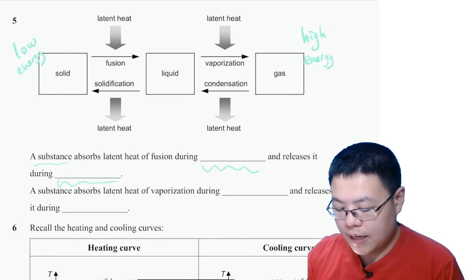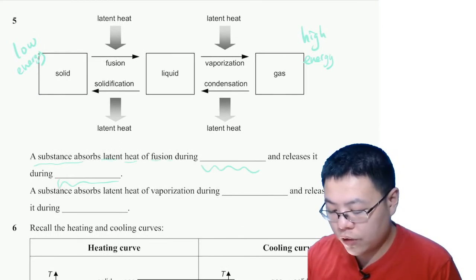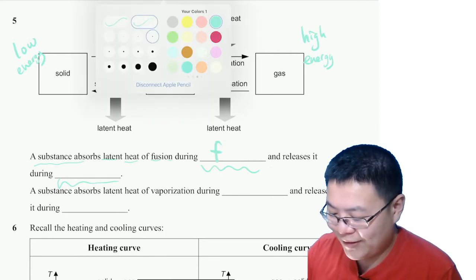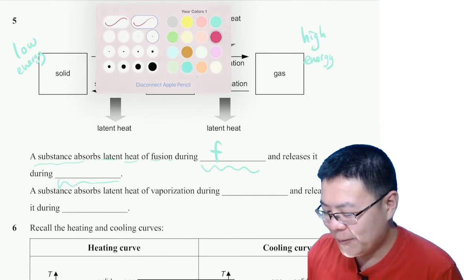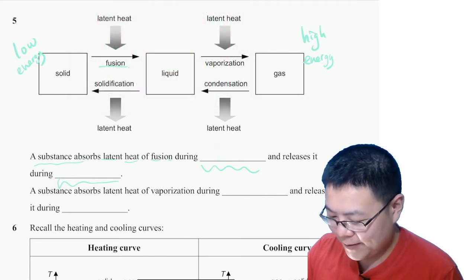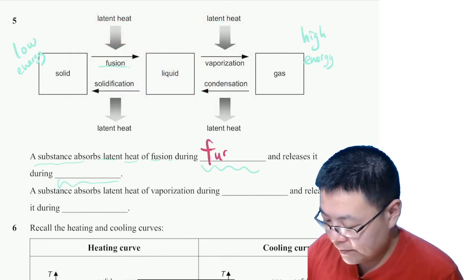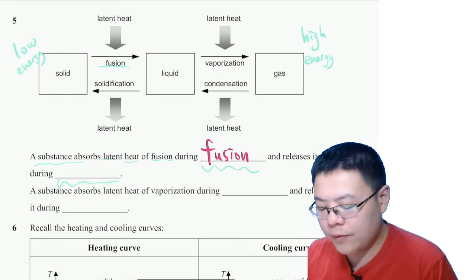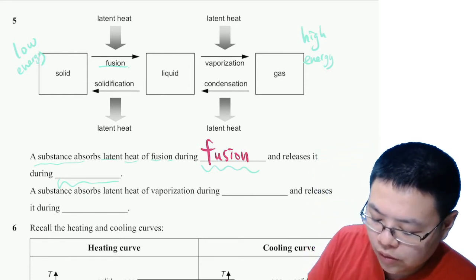A substance absorbs latent heat of fusion during fusion. Of course it does. And release latent heat of fusion during solidification.